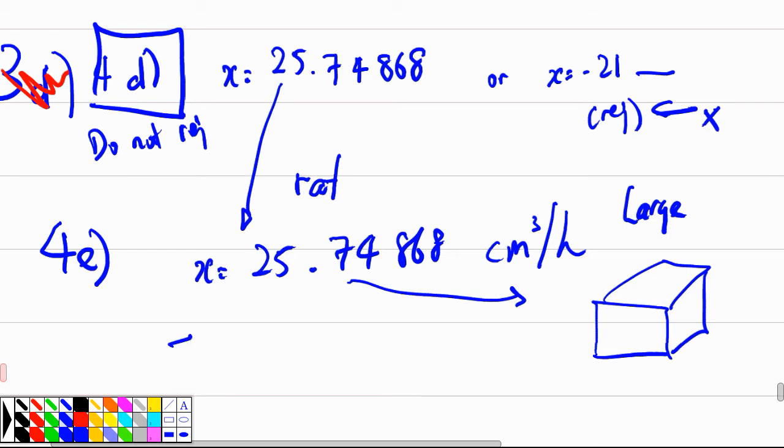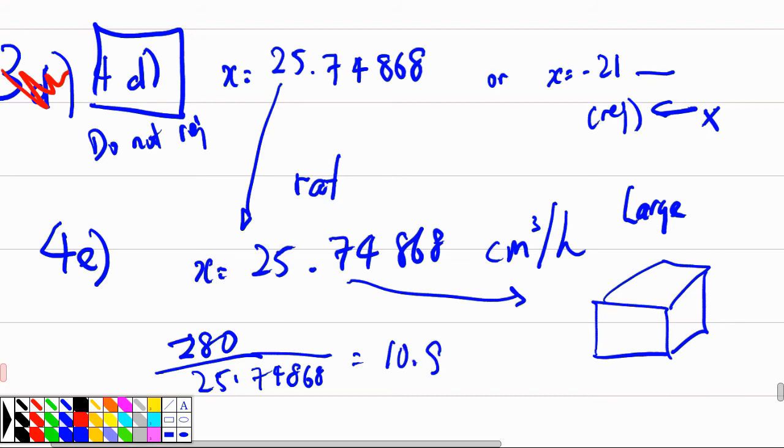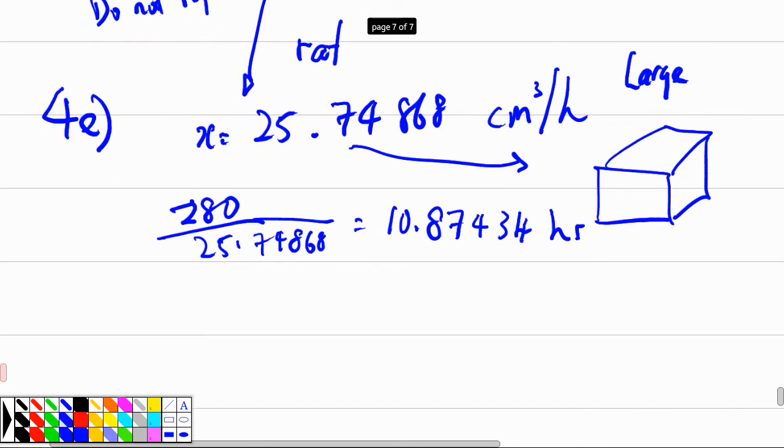So 280 divided by 35.74 equals 10.87434 hour. Now how do you split them up? 10 hours, and then you take this fraction times 60. Understand?